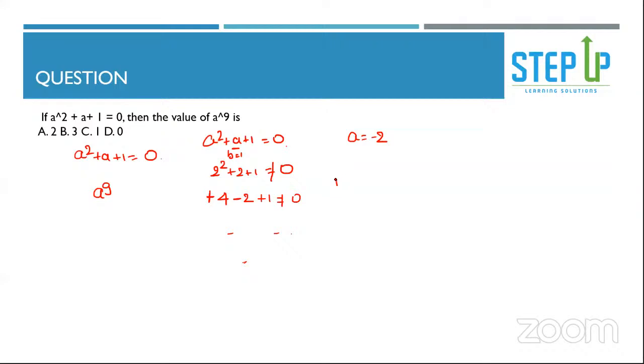Your equation is 1A square plus 1A plus 1 equal to 0, which means if I reconsider it as x square plus x plus 1, then your A is 1, your B is also 1, and your C is also 1.